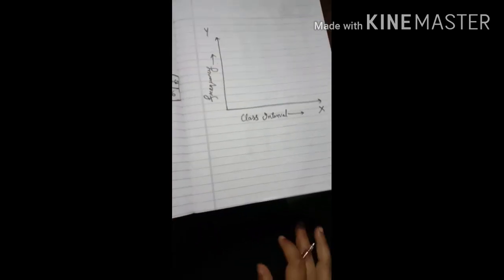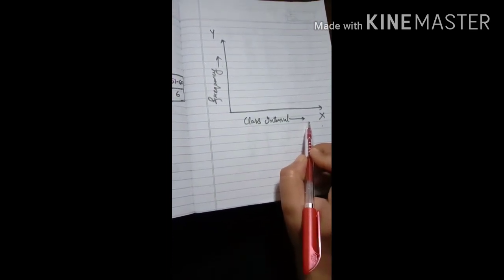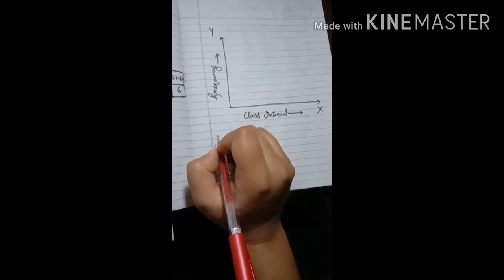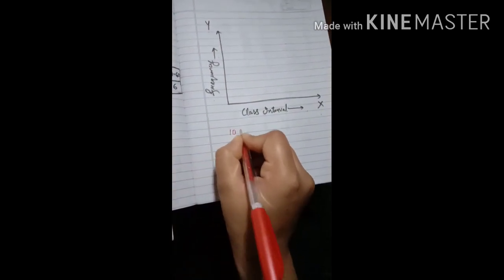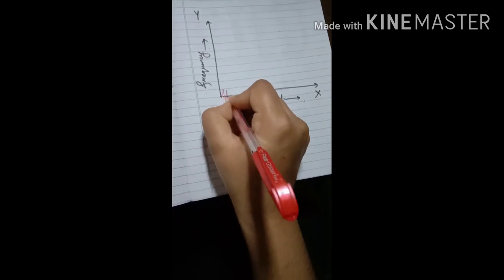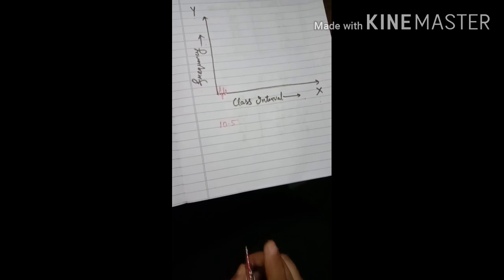For this also you have to draw a graph where you mark the x-axis and y-axis. On the x-axis class interval is marked and on the y-axis frequency is marked. One thing I want to explain here is that the class interval starts from 10.5. So in the graph we start like that, because the graph does not start from 0 like the previous one.